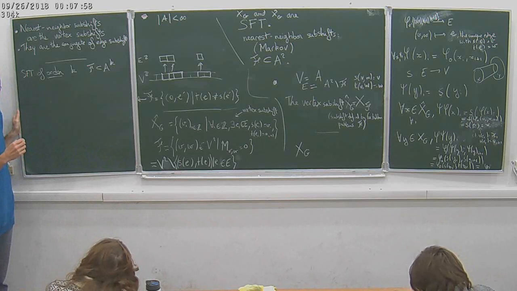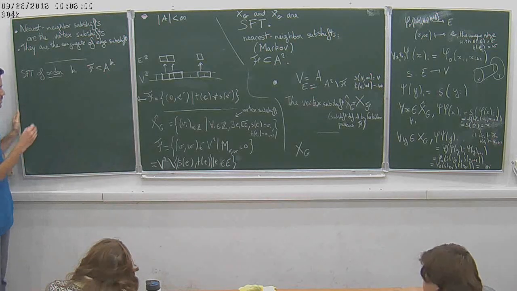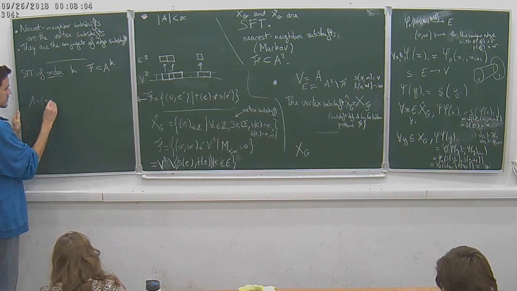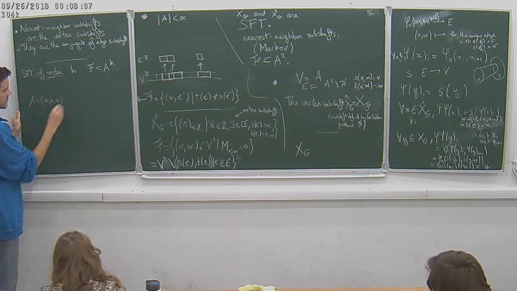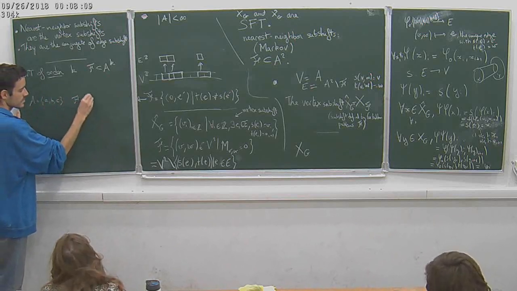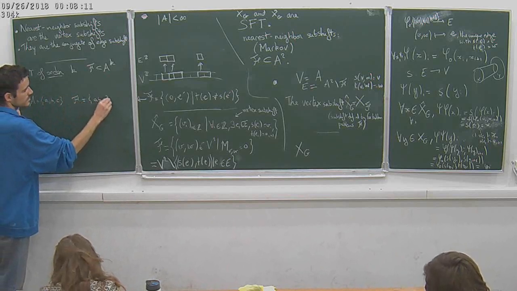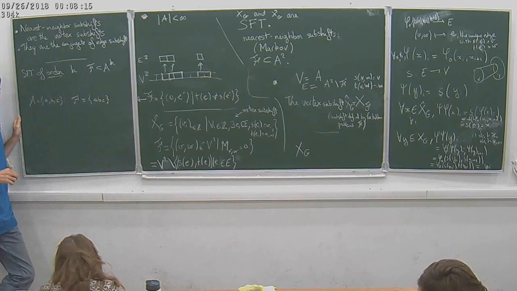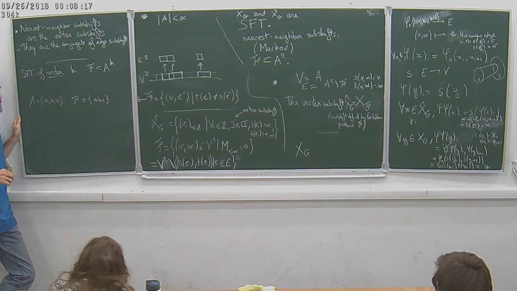We have an alphabet with 3 symbols, A, B, C, and for B, for example, when we have ABC. Okay, so give me a configuration in this subshift.